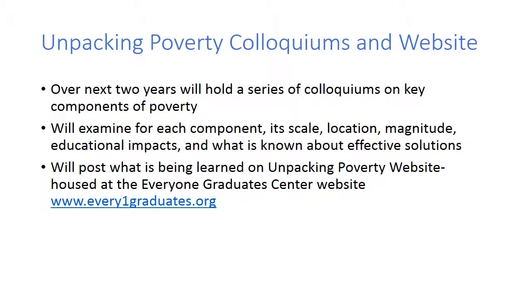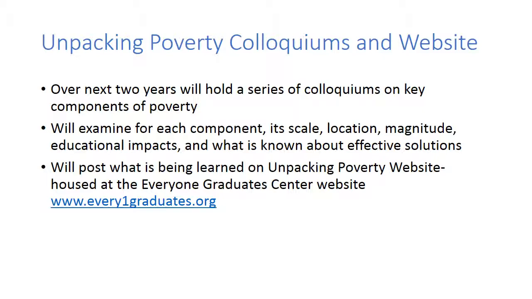Over the next 2 years, we're going to be holding a series of these colloquiums, both live and in person in Baltimore, and open and widespread on the web. We will examine each component, its scale, its location, its magnitude, its educational impacts, and what is known about effective solutions.